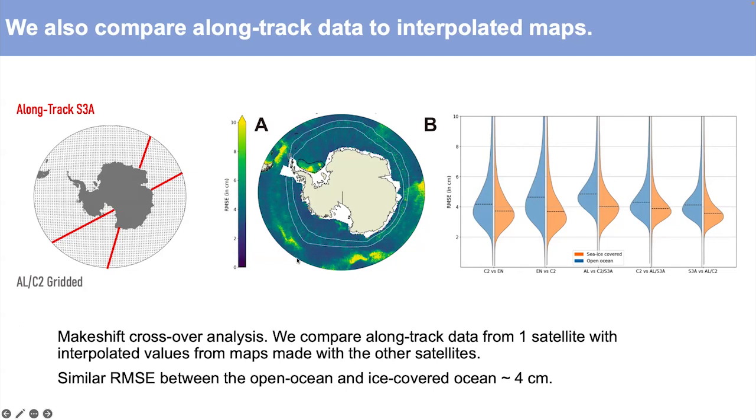And this is the root mean square error that we obtain in the end. So around 4 centimeters of error in the ice covered regions, but also 4 centimeters on average in the open ocean. And the fact that the two metrics match, open ocean and ice covered regions, gives us good confidence in what we do in the ice covered regions.